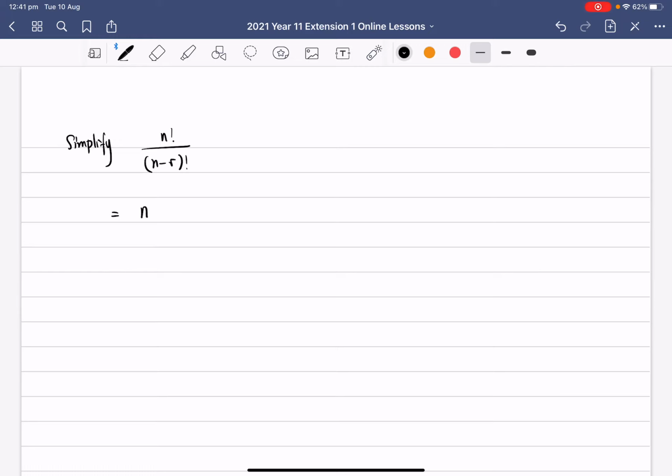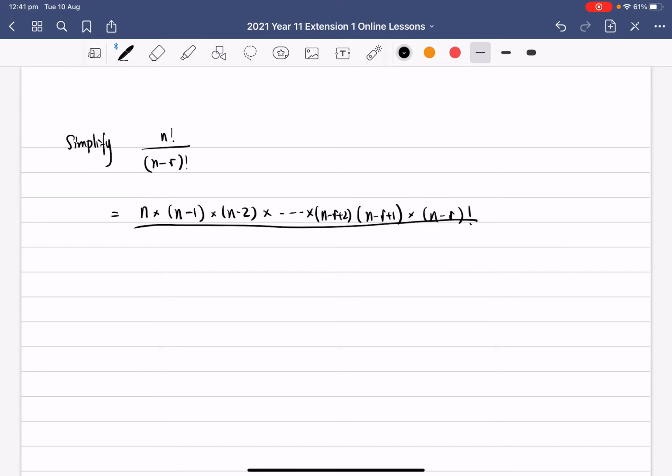We're going to start with this. n factorial is equal to n times n minus 1 times n minus 2, and continue, but then what we really want is, at the end, n minus r factorial here. So we need the term that's before it, which is n minus r plus 1, and if you really want to, you can also write down the term before that, which is n minus r plus 2.